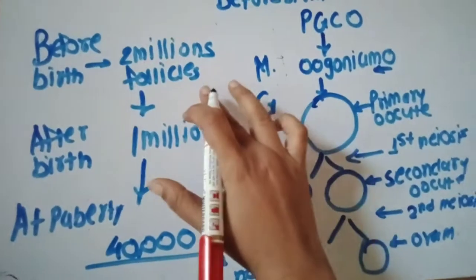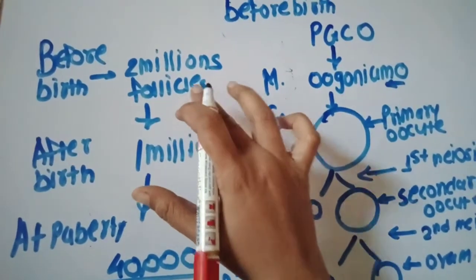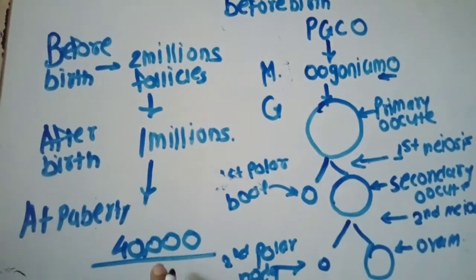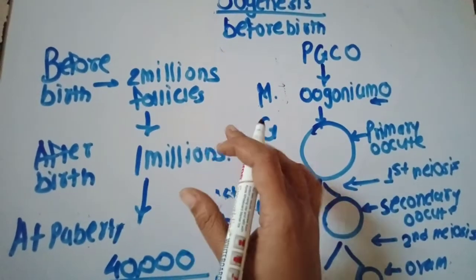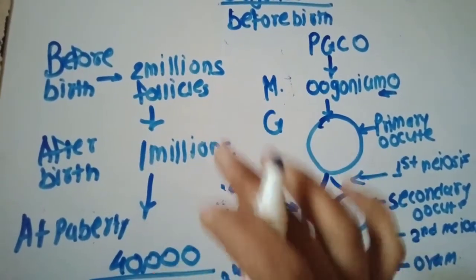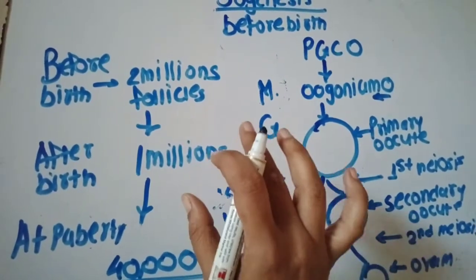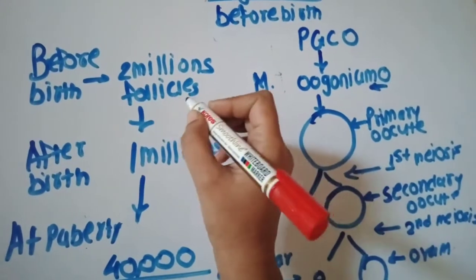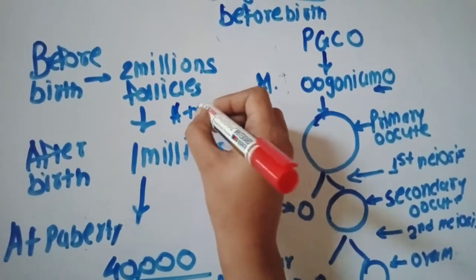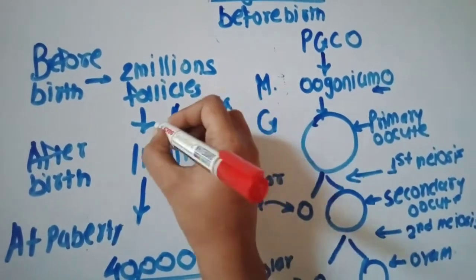So if you see this, from 2 million to 1 million, from 1 million to 40,000 primordial follicles. All these follicles, only some survive, some undergo degeneration. The degeneration of follicles is called atresia.